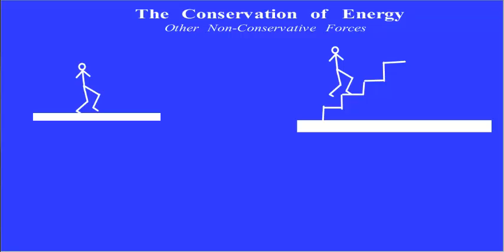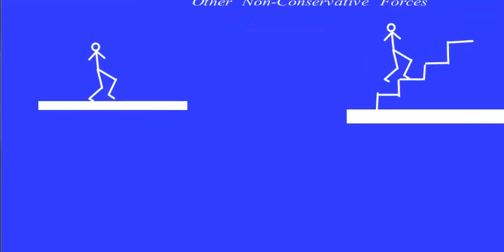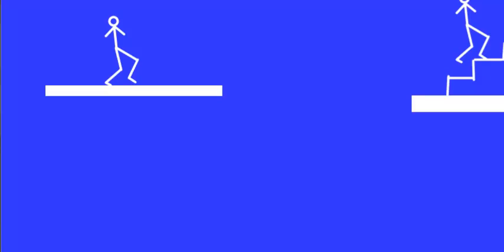For example, sometimes no work is done on the system, and something else is going on. Okay, let's look at two examples here of an incredibly awkward man. Okay, in the first case, you might be kind of surprised here, but when an incredibly awkward man walks, he pushes back on the ground, and the ground pushes on him, right?